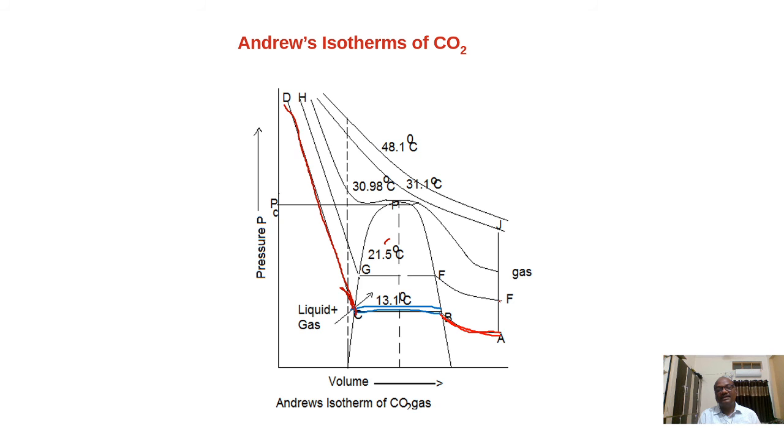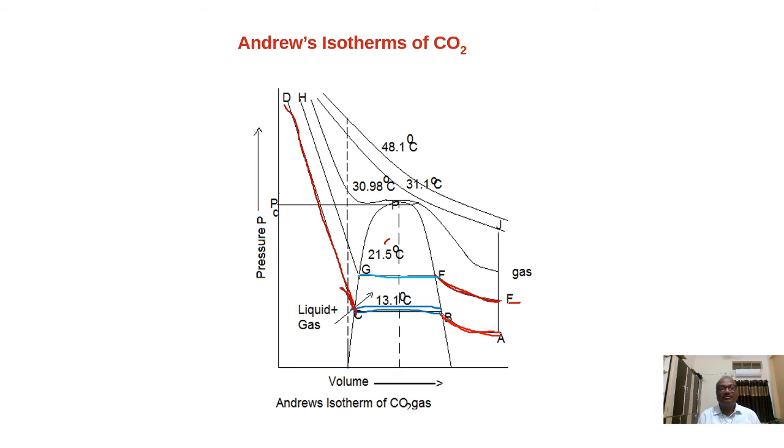Initially, carbon dioxide is present at state E. When you apply the pressure, volume decreases up to F. After reaching F, liquefaction will start, and that will continue up to G. Here liquefaction will complete. So FG represents what? Liquid-vapor equilibrium, or you can say liquid-gas equilibrium.